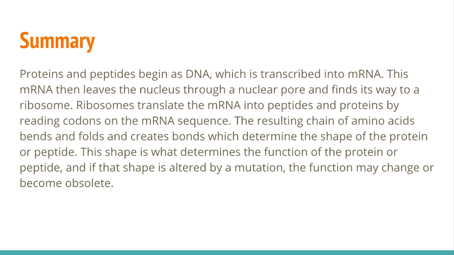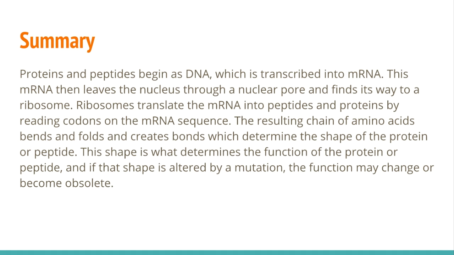So, in summary, we have proteins and peptides, and those begin as DNA. DNA is transcribed by RNA polymerase into messenger RNA. This mRNA travels to a ribosome, which translates it into peptides and proteins by reading codons on the mRNA sequence.